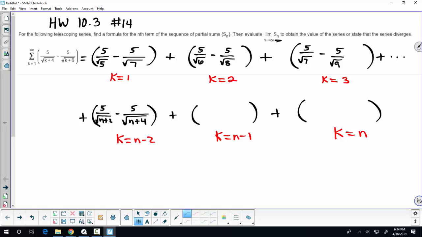K equals n minus 1. How did you write that out? So k is n minus 2, so that's the square root of k plus 4, where k is n minus 2. So n minus 2 plus 4.